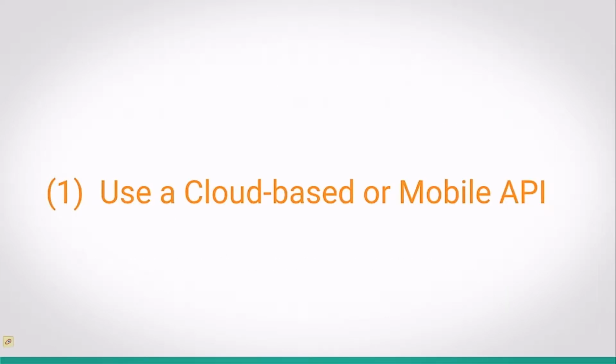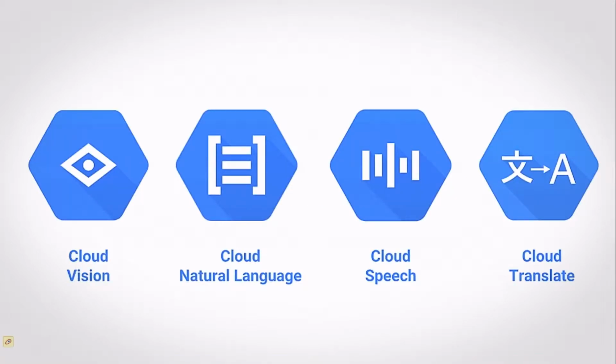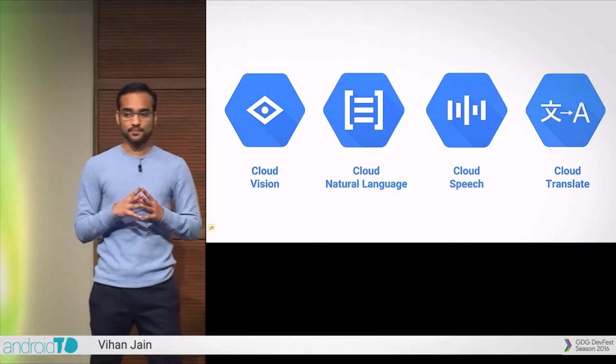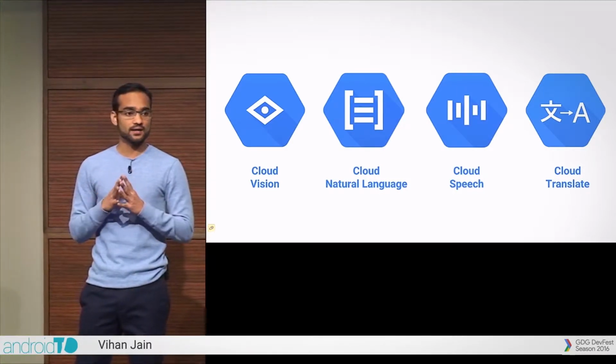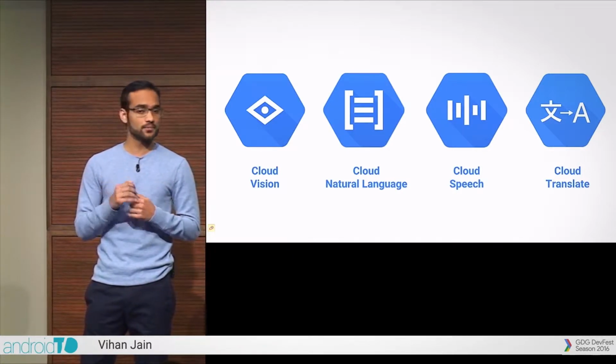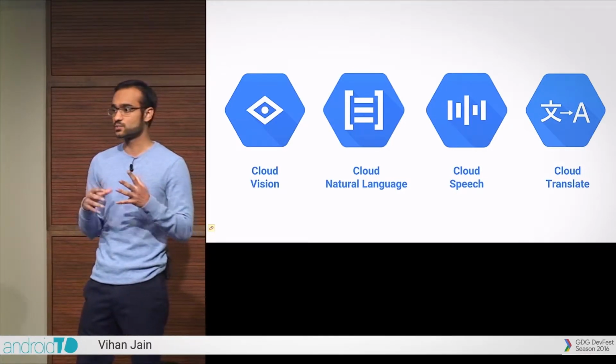So let's see how you can get started using cloud-based or mobile APIs. I'm not going to go too much into details because Yufeng, who was the first speaker today, already covered these in detail. So just a quick recap: Cloud Vision is the API that detects objects in your images. Just upload an image and it will detect objects, it will detect text.